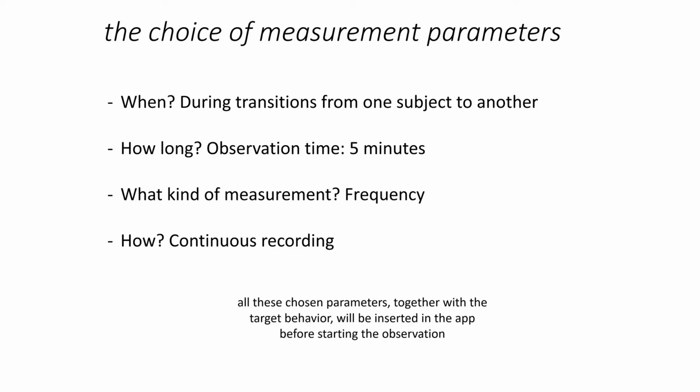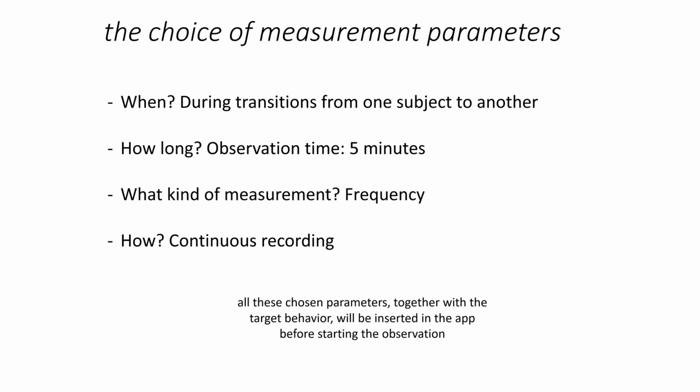However, this is not all. In addition, we also have to define how the behavior is recorded. Namely, a behavior can be observed and measured through a continuous recording or a sampling technique. In this case, the observation time is short and the teacher is not busy with teaching.